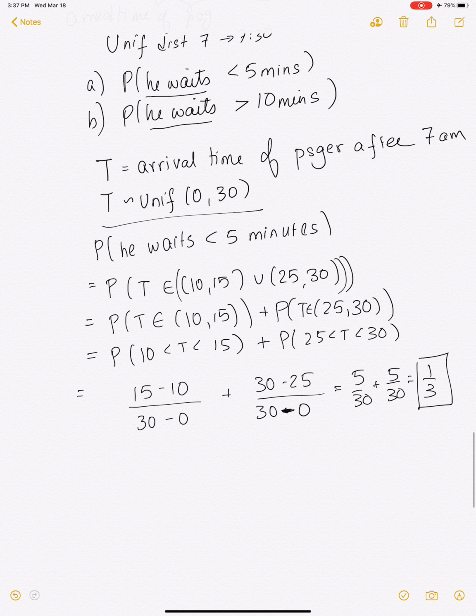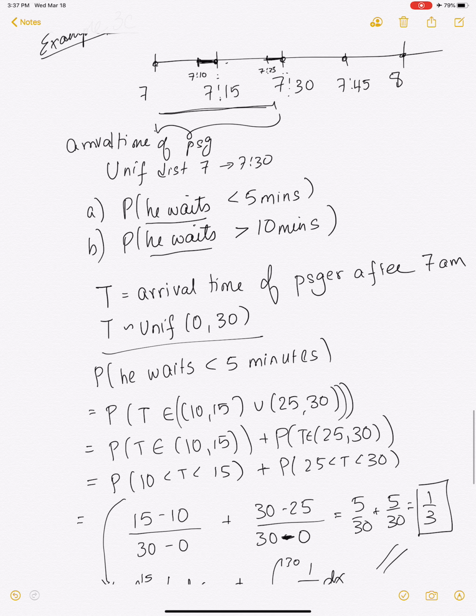And if you wanted, you could have actually done this integral from 10 to 15 of the density plus integral from 25 to 30 of the density. Okay, and also you get the same 1/3 answer. Okay? So I hope this makes sense. To me, drawing the line is what makes it clearest.